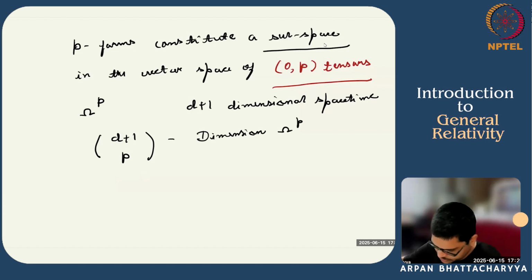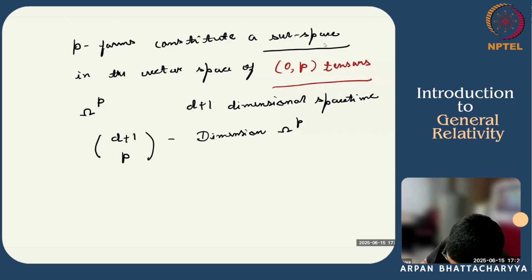Now you can see that in D+1 dimensional space-time you can have at most D+1 forms. For example, if you consider 3+1 dimensional Minkowski space-time, you cannot have more than 4 forms.